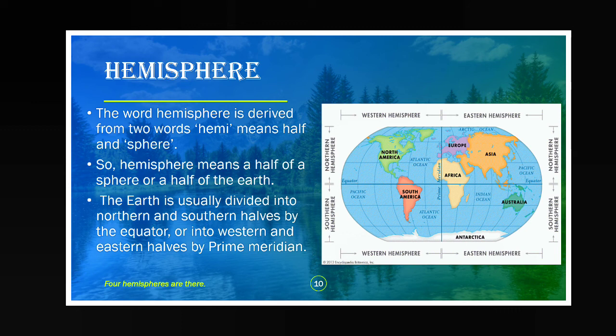Two, northern and southern. And according to the prime meridian, we get two hemispheres, eastern and western. So how many hemispheres are present? Four. The northern and southern hemispheres are created by the equator, and the eastern and western hemispheres are created by the prime meridian.